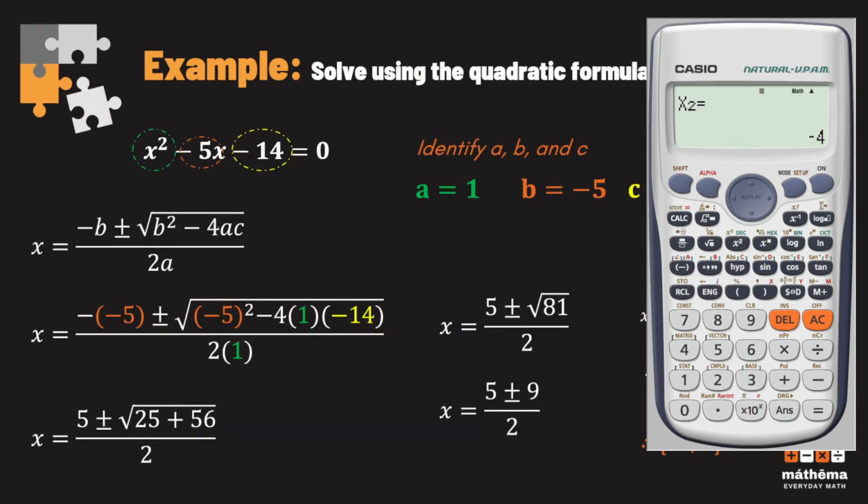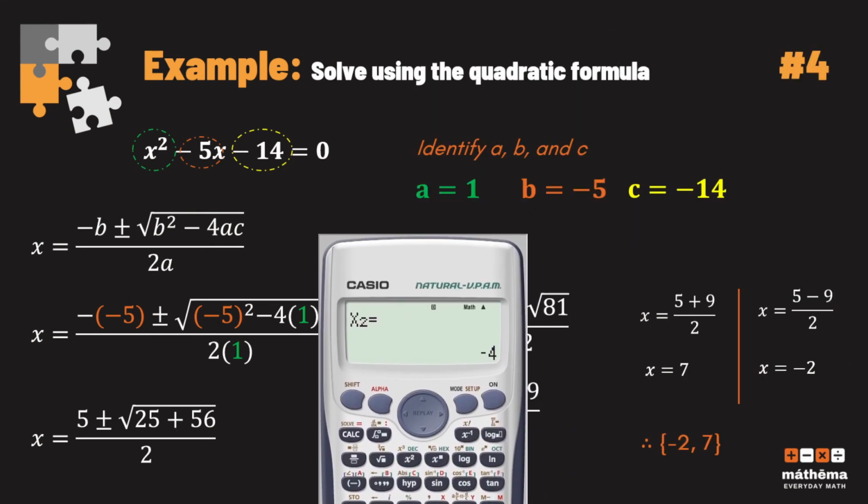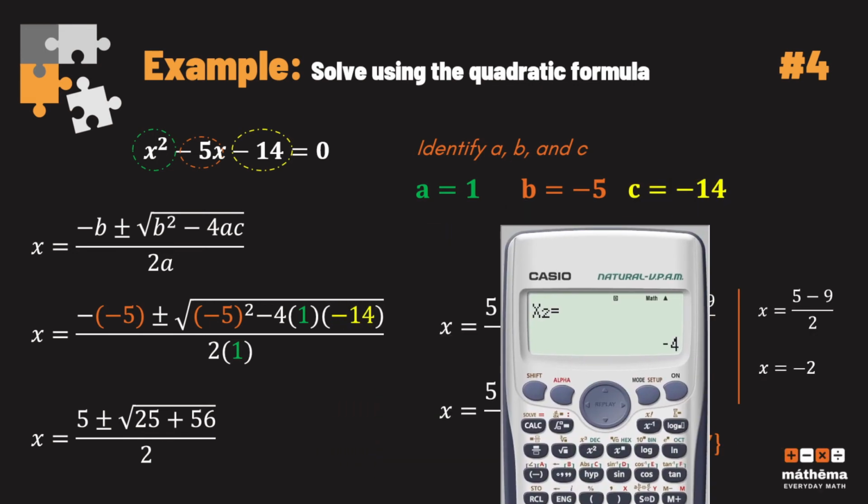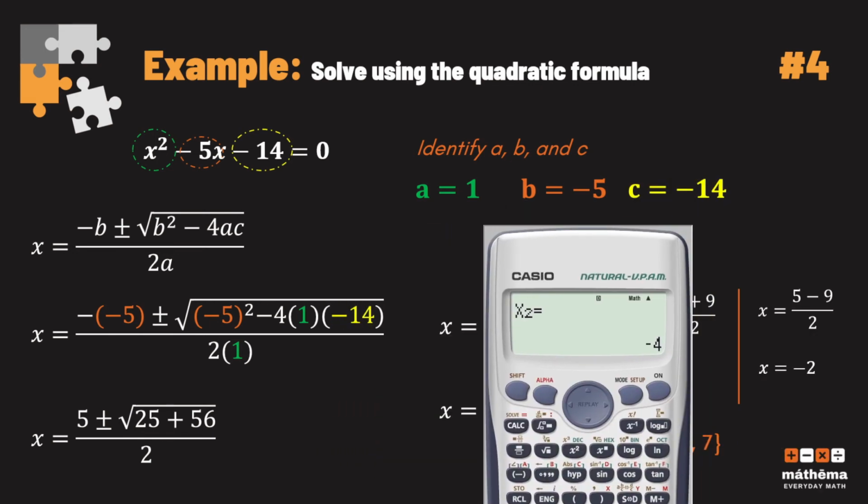Example number 4. Last time we had this quadratic equation and we used the quadratic formula to find the roots of this equation. And that will be -2 and a +7. So we'll try to use our calculator to find the roots of this equation instead of using quadratic formula. So to do that, again, we'll identify our A, B, and C. In this example, our A is 1, our B is -5, our C is -14.